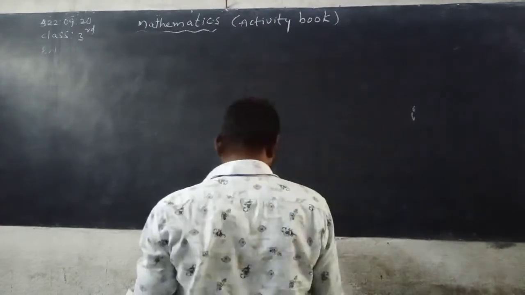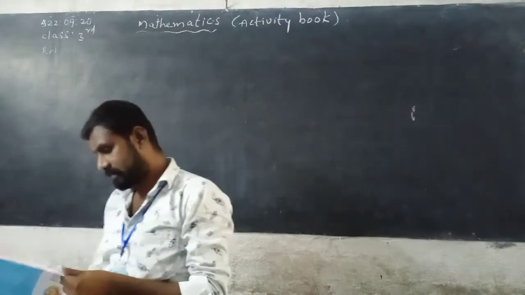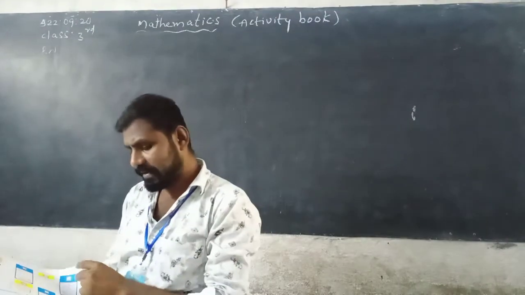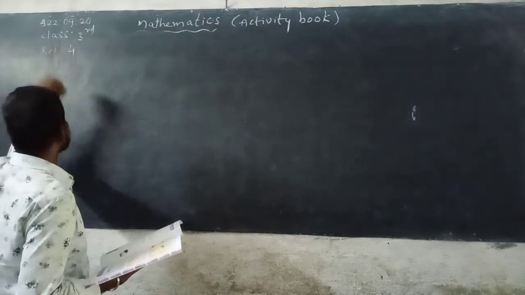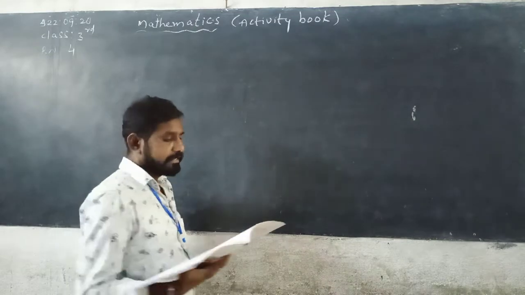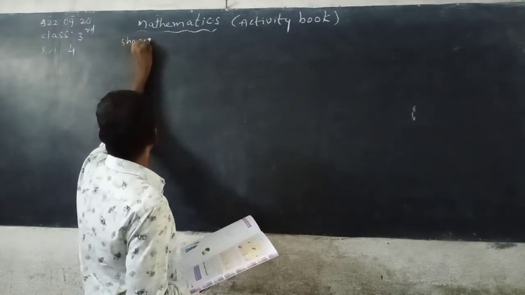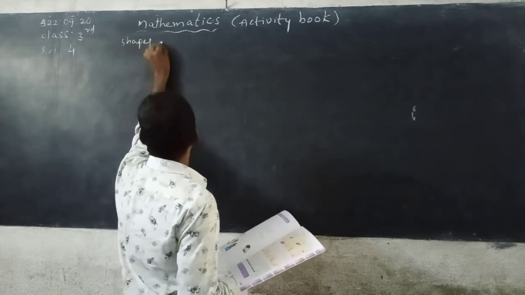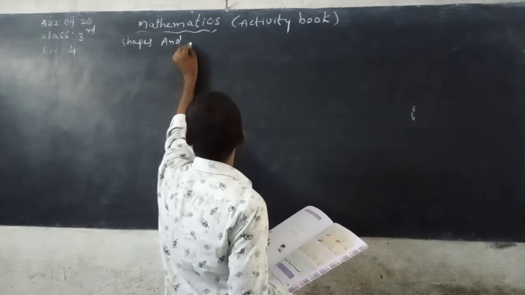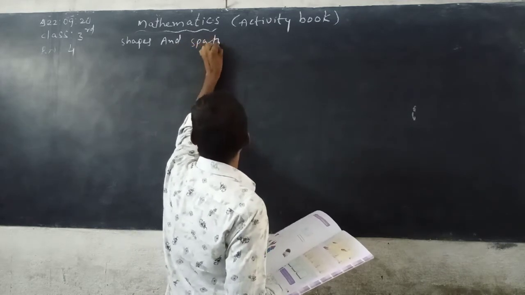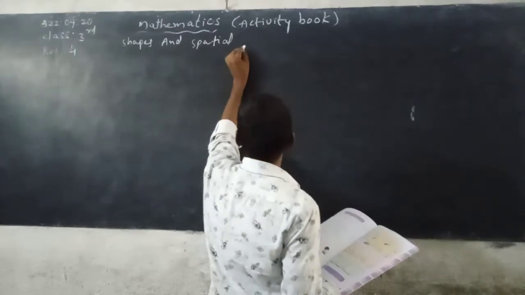From activity book, everybody open page number 4. Shapes and spatial understanding.